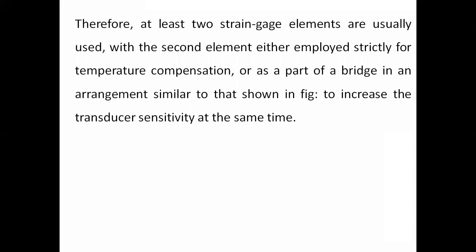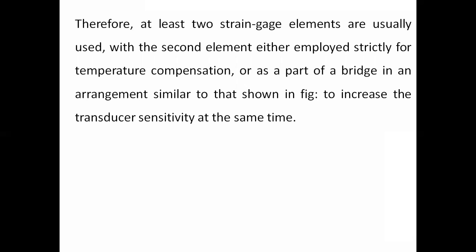This second strain gauge does not provide any output due to the applied strain, because we are not applying any strain to it. If there is any temperature change from room temperature, some 27 degrees Celsius, to some other 40 degrees Celsius in summer, the temperature increases by nearly 15 degrees Celsius.